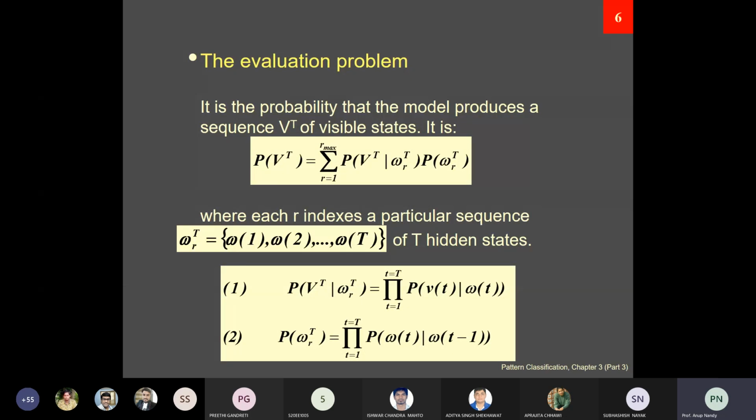If your model wants to go from one state to another state, the model needs to incur some probability. That is called the transitional probability, A11, A12, A13 till Aij. So the probability of W^R_T is just the product of the probability of WT given WT minus 1.